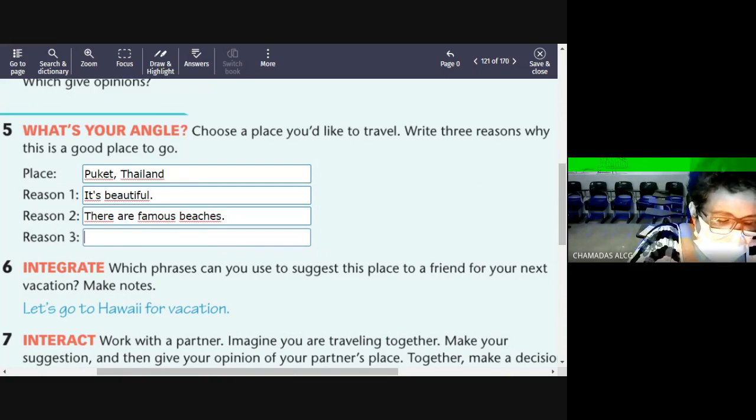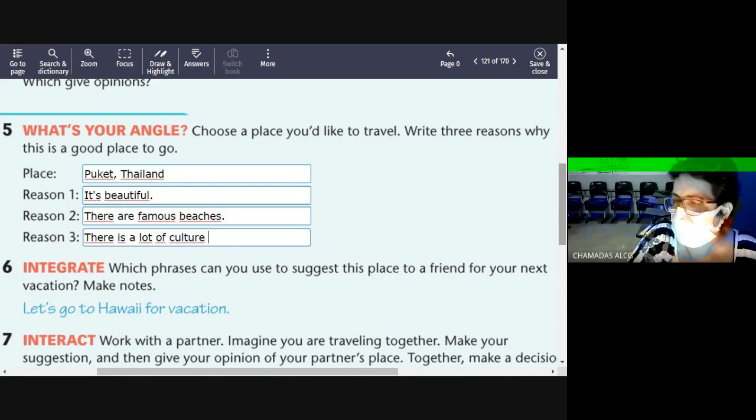So we can say there is a lot of culture. Let's put here a lot of culture in the country, or yeah, there's a lot of culture. You can put it like this.